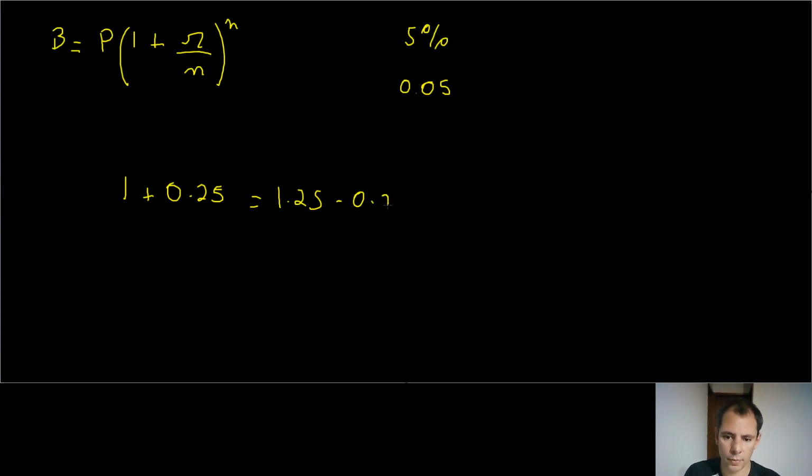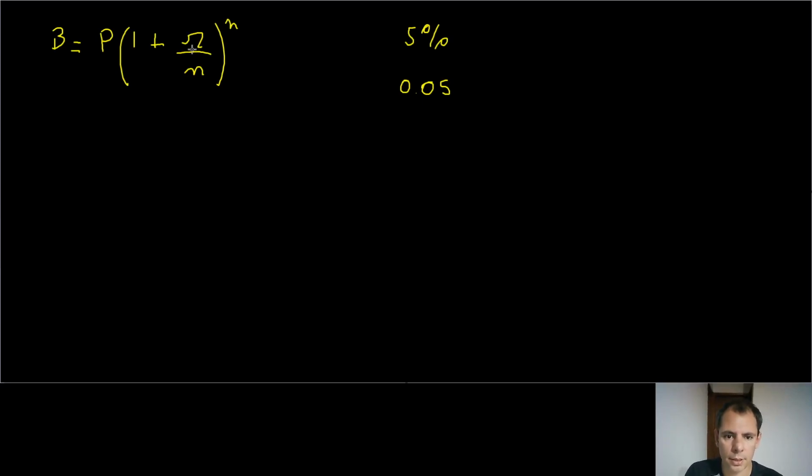Okay, so instead of making one annual interest of 5%, you're going to make 2 of 2.5%. Or you're going to make 3 of 5% divided by 3. Or you're going to make 4 interests. Instead of 1 of 5%, you're going to make 4 interests of 1.25% each. Okay, so that's what this formula does.